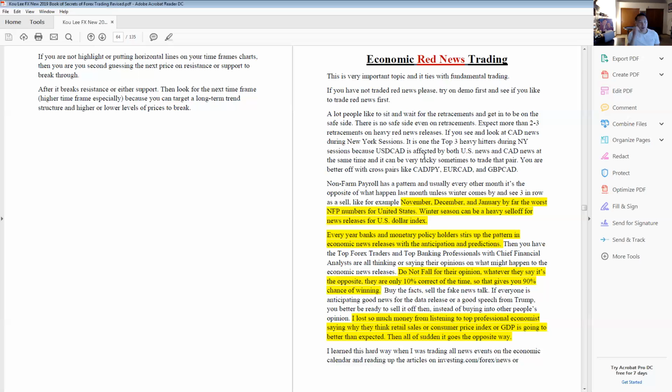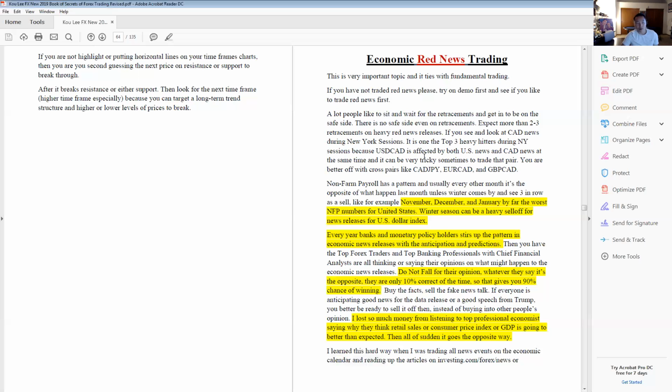I got into a habit of reading news articles from fxstreet.com, investing.com, Forex Factory, Daily FX, you name it. I was reading up as much as I could because I wanted to hear their opinion. I wanted to see what everyone else's opinion was based on their economics.